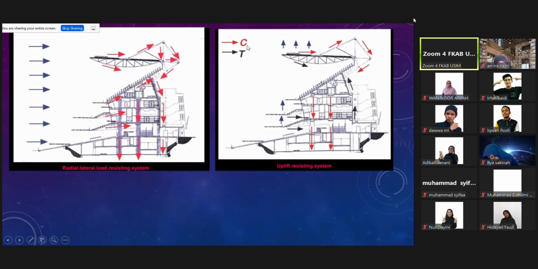Okay, C is compression. We learned it in the last 2 or 3 weeks. T is the tension. That's how it works. This is the wind force coming from there. We just look at the principle, whatever the details, the engineer will work out.